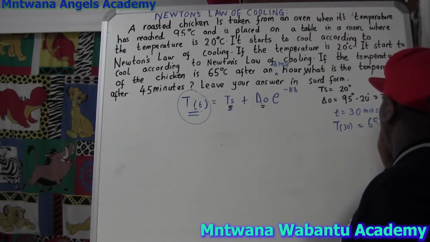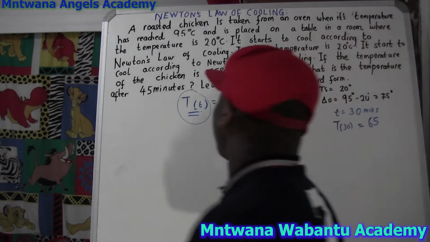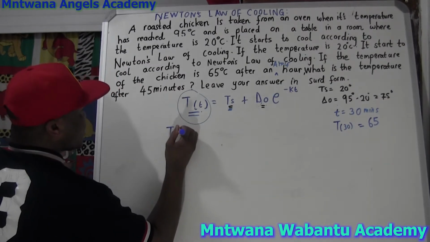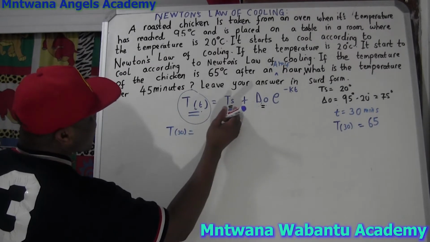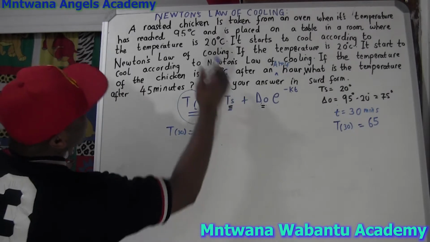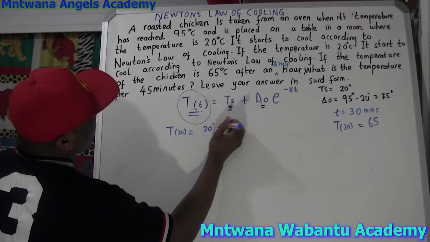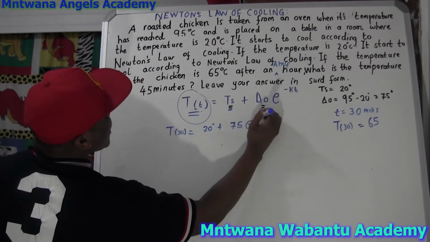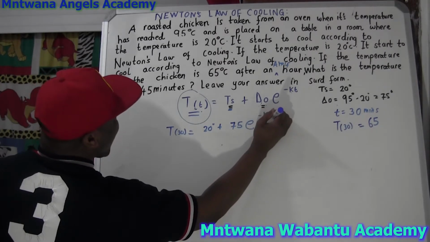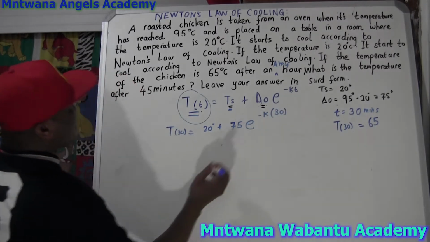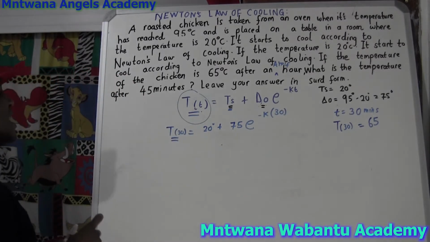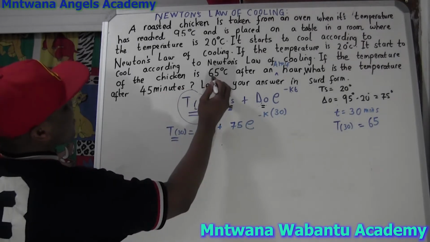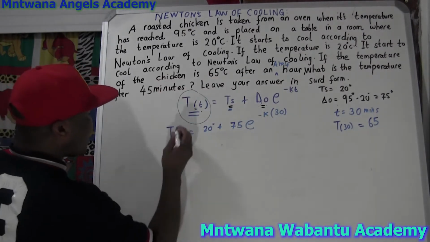So here I'm going to say T of 30 first, equals the initial room temperature of 20 degrees plus the change in temperature 75, e to the negative kt. How long? 30 minutes. They say after 30 minutes, half an hour, the temperature is 65.